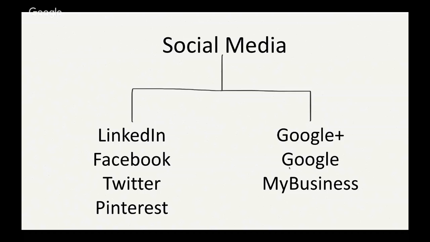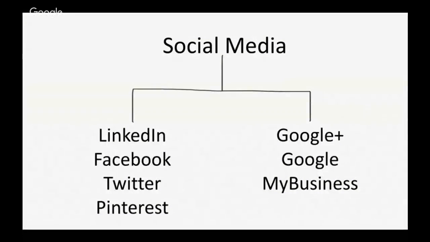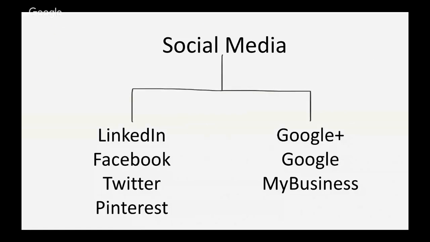Even though it's on an online platform, this is human-to-human interaction, all right? The right side of this little chart is Google Plus and Google My Business. And that is where your SEO authority comes into play, right through Google Plus and Google My Business.